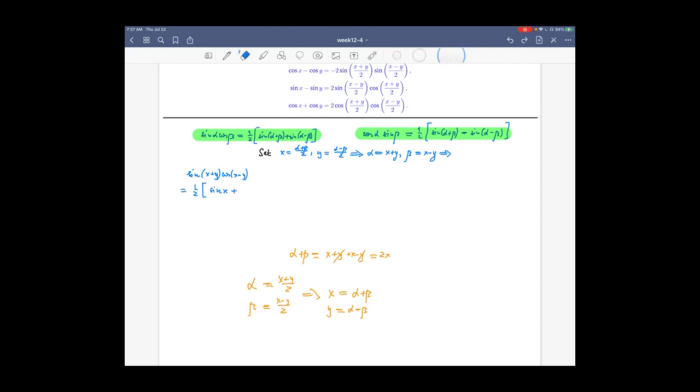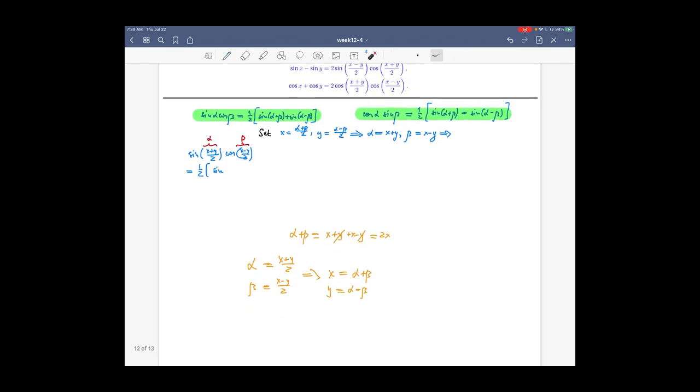So the left-hand side, sine alpha, becomes sine of x plus y over 2, that's alpha, times cosine beta, that's x minus y over 2, equals 1/2 sine of alpha plus beta.